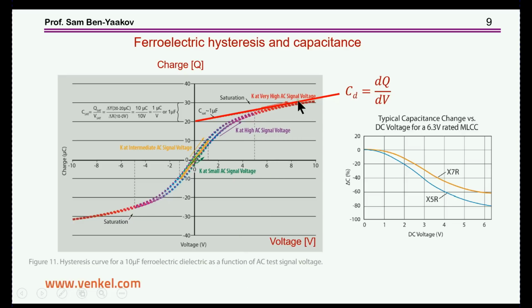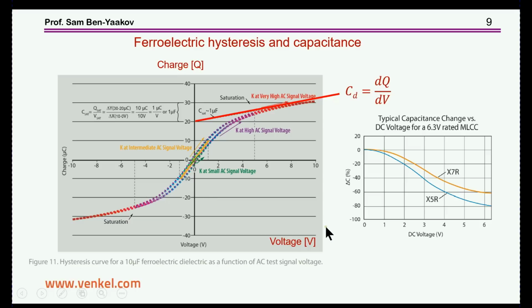Now the slope here, this is dQ/dV, is by definition capacitance. So here, this is a local capacitance. We'll talk about it a lot. A local capacitance at this point. And obviously, the slope here is different from the slope here. So the local capacitor here is much smaller than the local capacitor here.